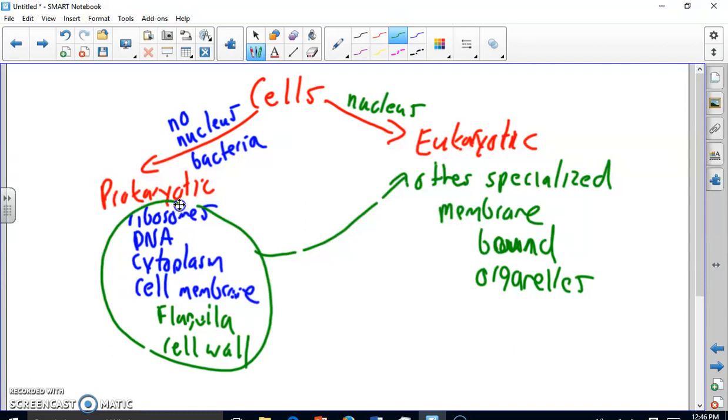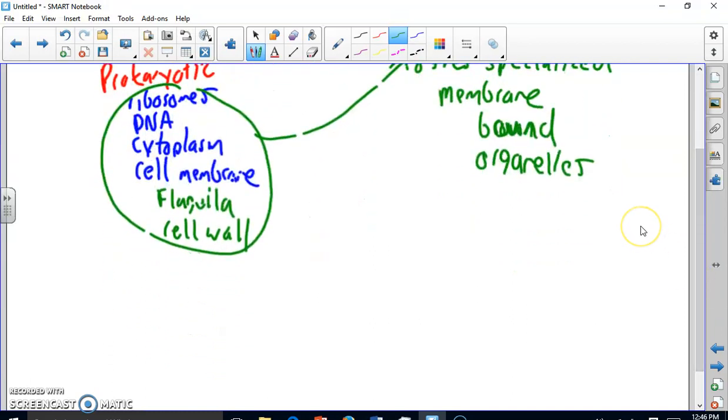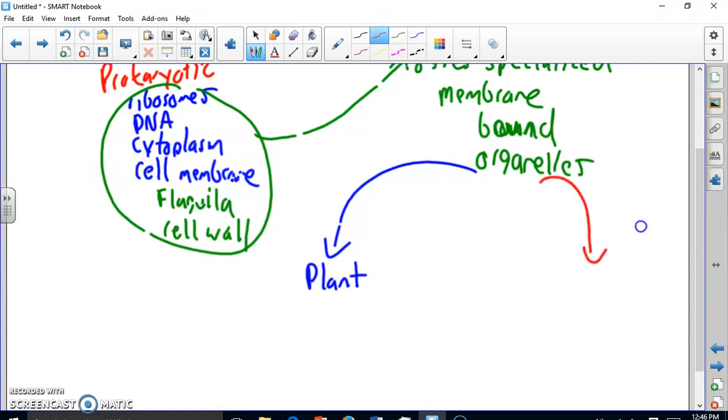Now, eukaryotic cells, and I need to scroll down and give myself a little bit more room. So eukaryotic cells, for branching this out, are broken down into two categories. We have plant, and then on the other side, we have animal.